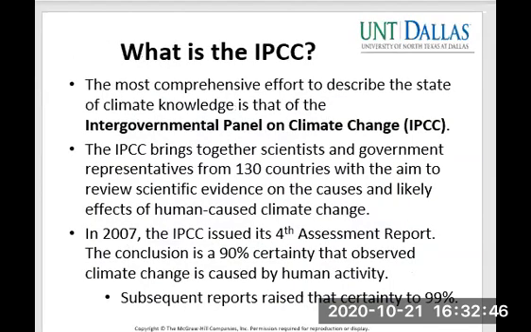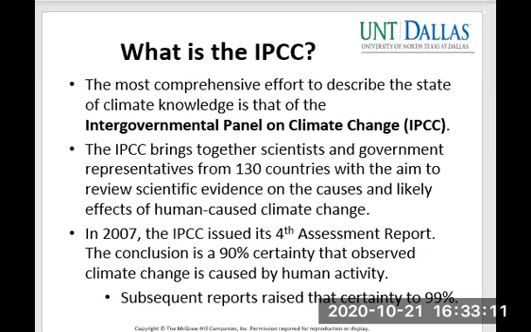What do we mean by IPCC? The IPCC is the Intergovernmental Panel on Climate Change. That's the most comprehensive effort to describe the state of climatic knowledge about this. The IPCC brings together scientists and government representatives from about 130 countries.